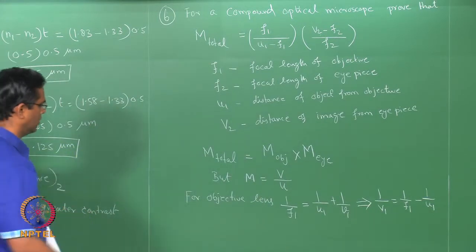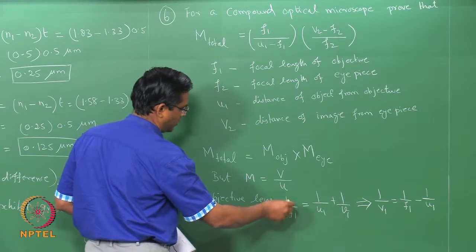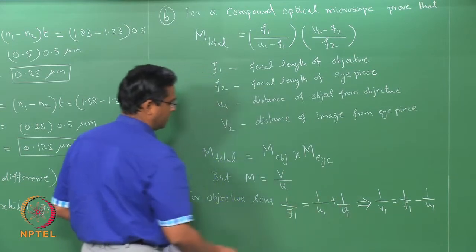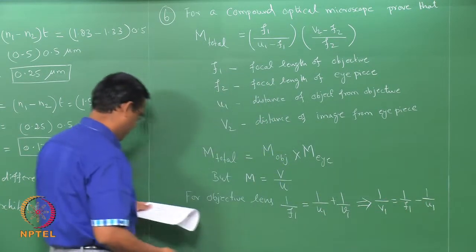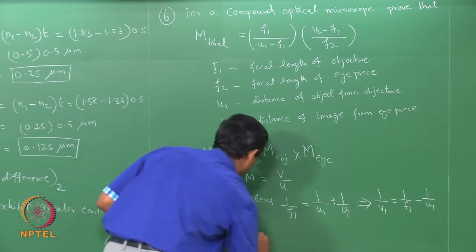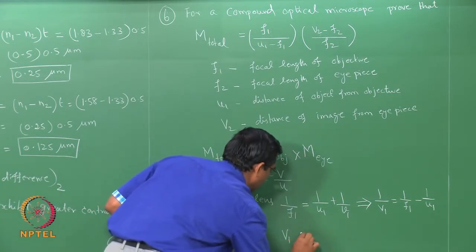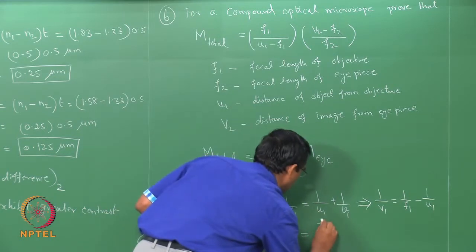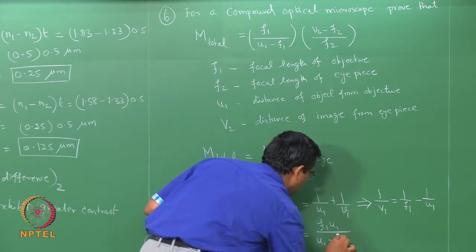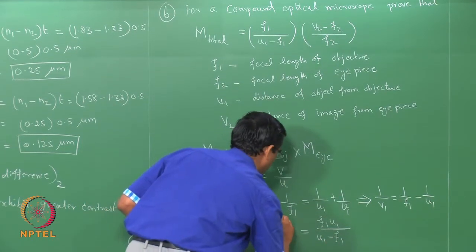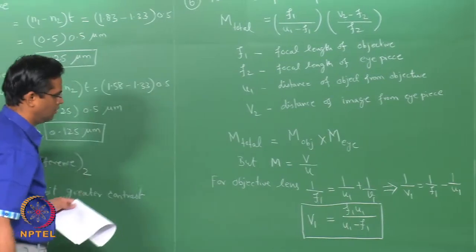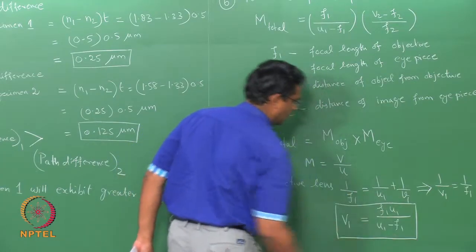This is the lens equation for the objective lens. You can rearrange it to this form and derive an expression for V1.